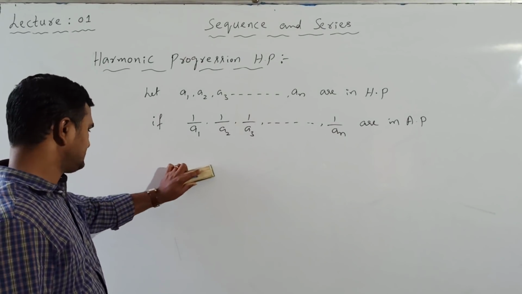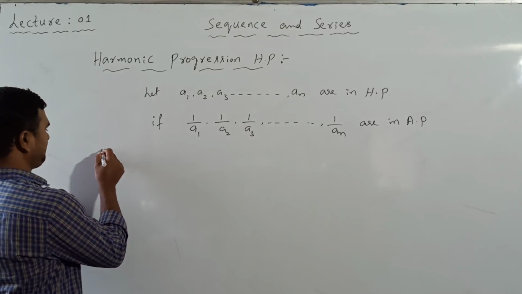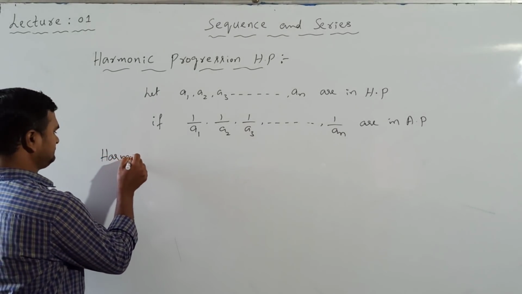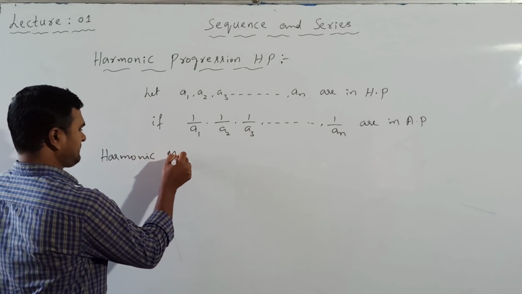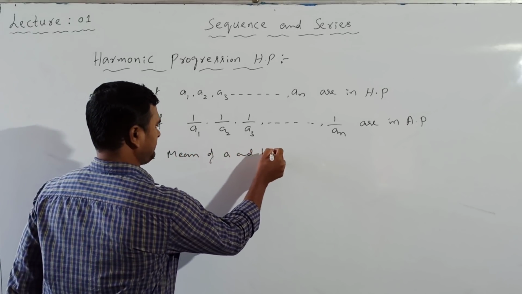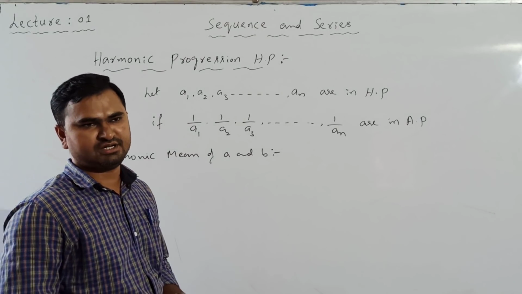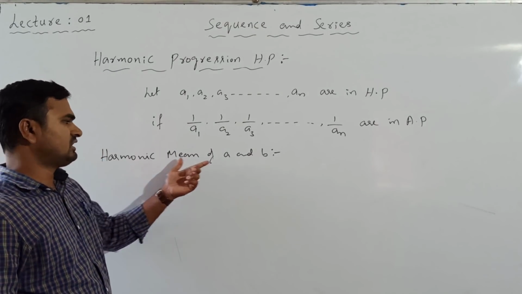Now one more thing we will discuss: the harmonic mean of two given numbers. As we discussed in the case of arithmetic mean and geometric mean, we now discuss harmonic mean.